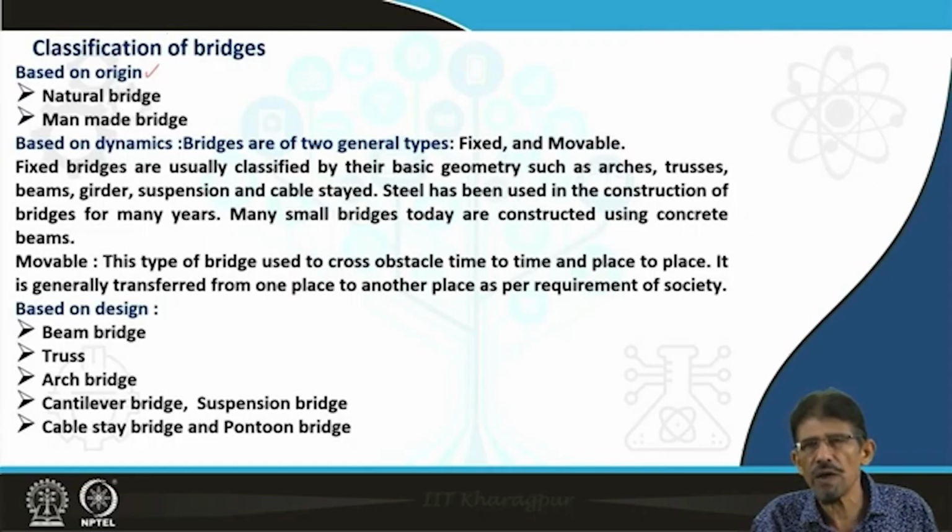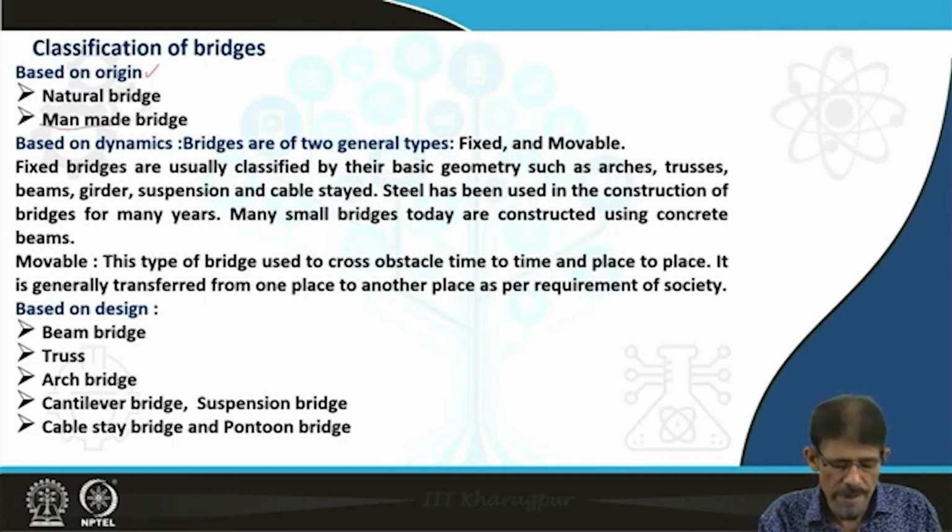One is the natural category of bridges that we have already discussed, due to the falling of a tree or due to erosional cavities or openings developed in rocks, or due to the spread of branches of some trees to make connections from one point to another point.